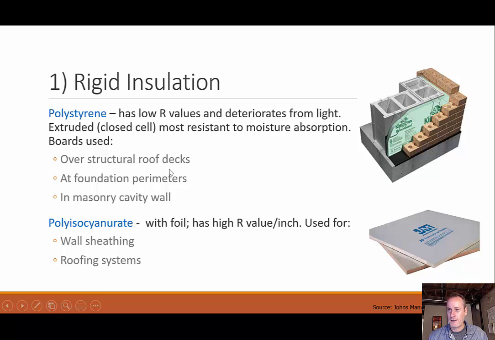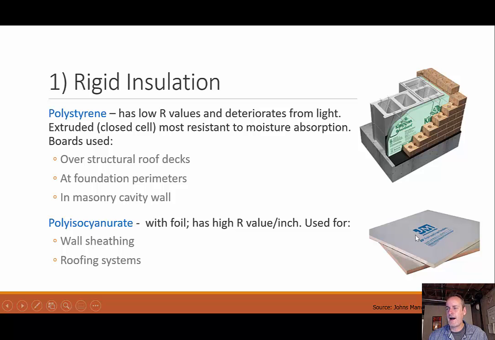Over structural roof decks, at foundation perimeters, and masonry wall cavities. Remember we talked about those cavity walls before, or masonry structures. That's a good place for it. So it has to be protected from exposure to light, and it's usually in places where we're not looking at high R values, right?